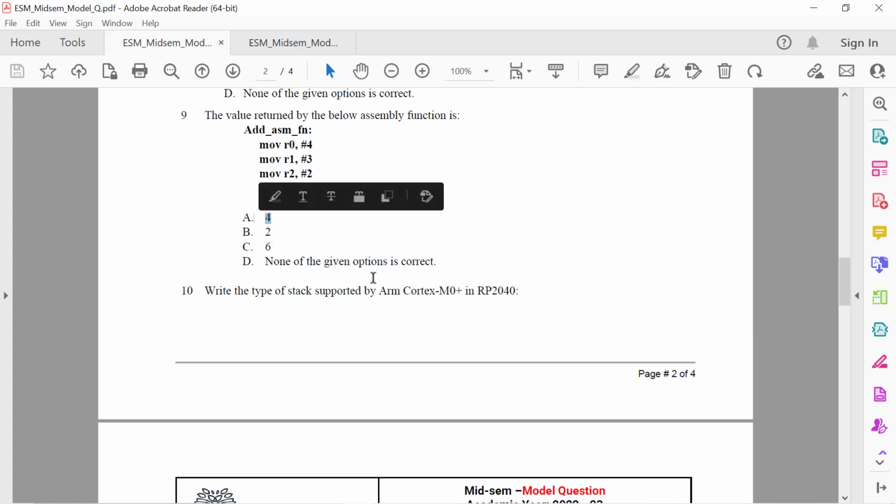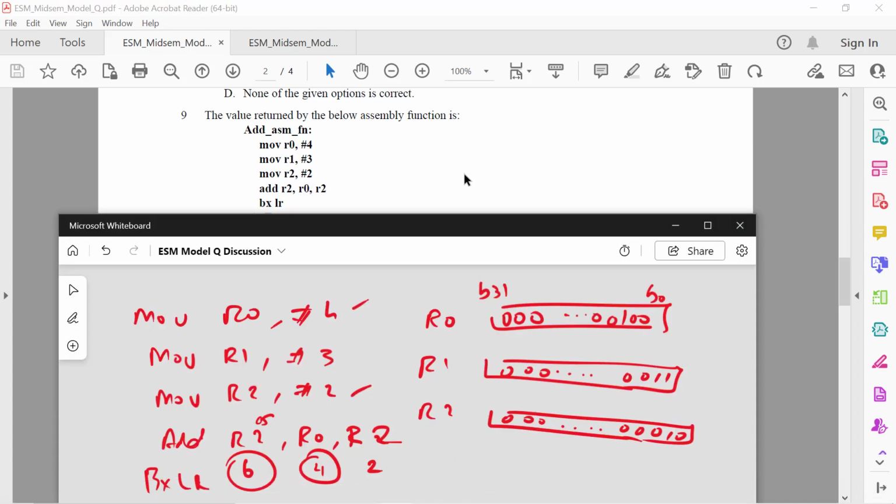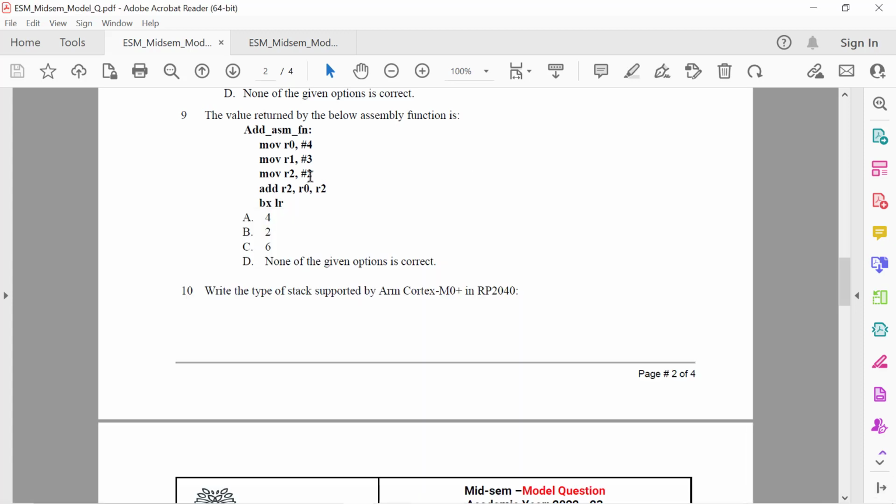You need to be careful here because it is a little tricky. You might make a mistake without paying attention, or you may think that the program is wrong and assume that 6 is what is going to be returned. It's not true. Though the function is called add ASM, it doesn't have to return the added value. So please remember that.